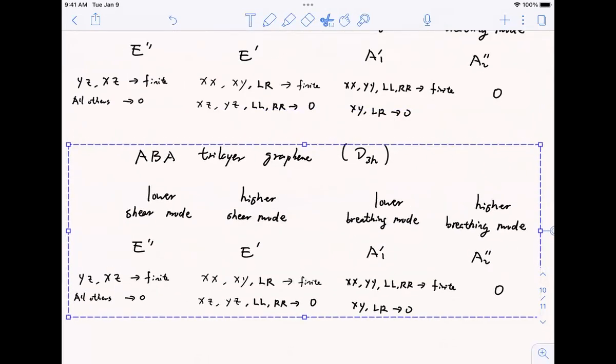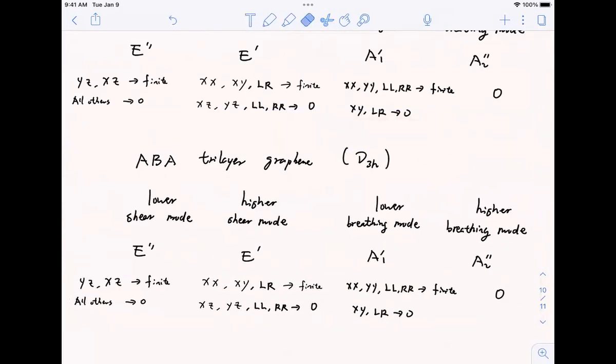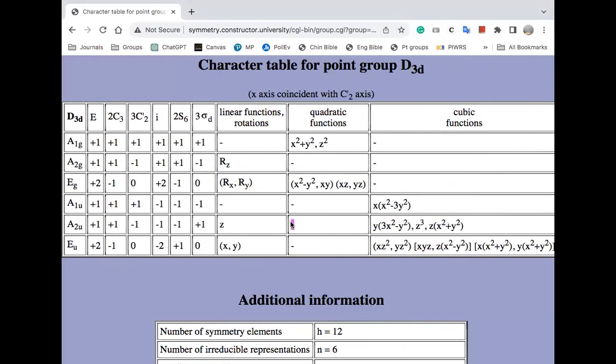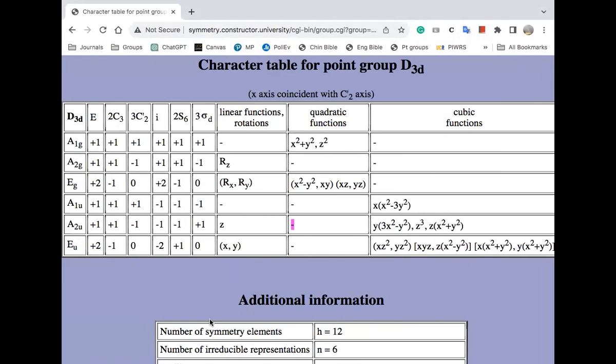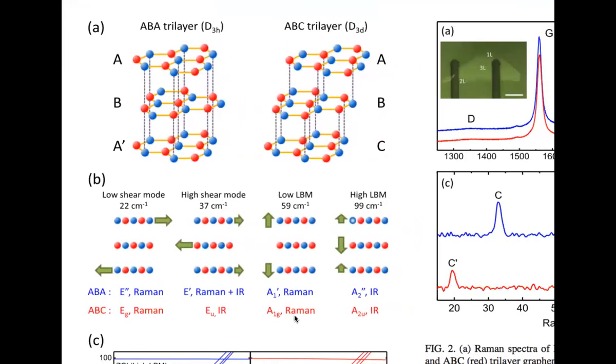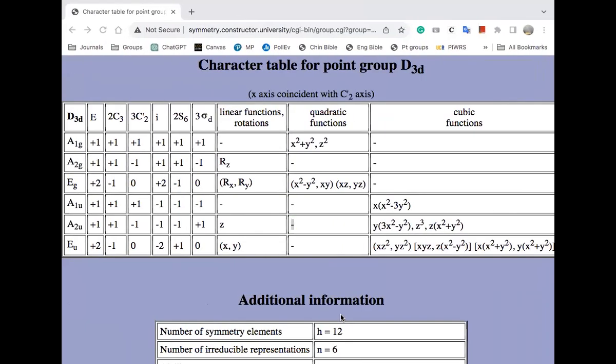And later, let me just do the same thing for the trilayer graphene. So this will be, if I remember, the EG, EU, A1G, A1U, A2U.